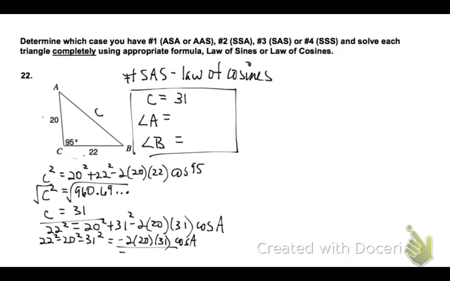So then I'm going to divide each side by negative 2 times 20 times 31. So when I key into my calculator, I key in my numerator first and press enter, and then I say divide by, and I put those values in parentheses. So then I get that the cosine of angle A is a value.